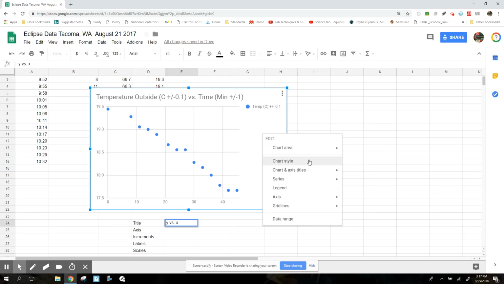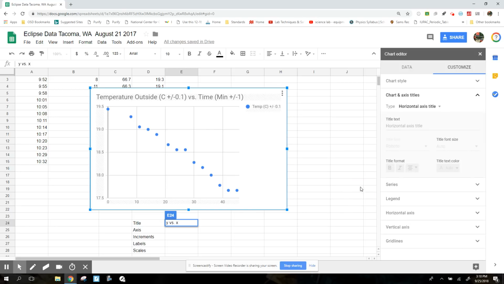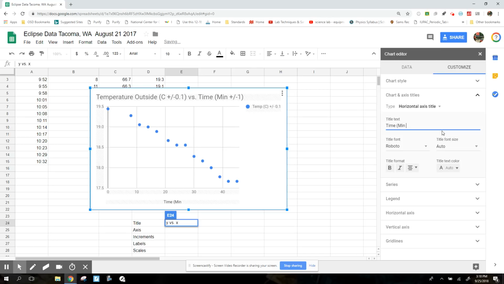The axes have to be labeled as well with the units and the uncertainties. And so the horizontal axis title, which is your x-axis, is going to be time in minutes plus or minus 1.